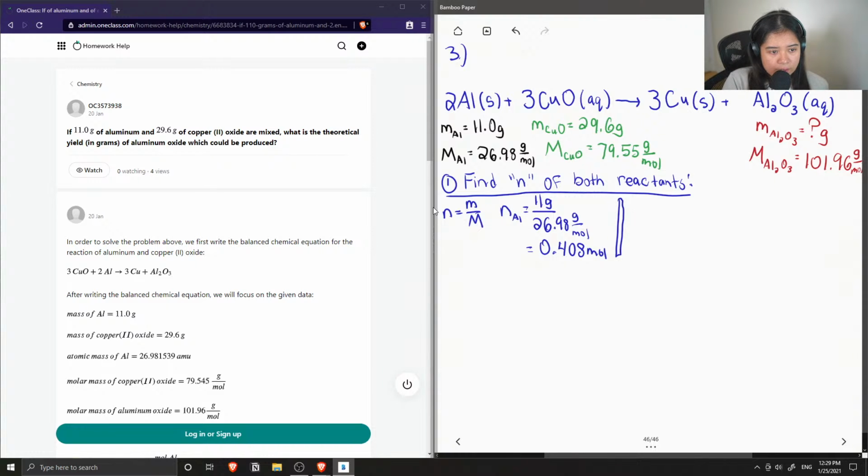Now let's find the number of moles of copper 2 oxide. Its mass is 29.6 grams, and its molar mass is 79.55 grams per mole. So if we divide this out, you end up getting 0.372 moles.